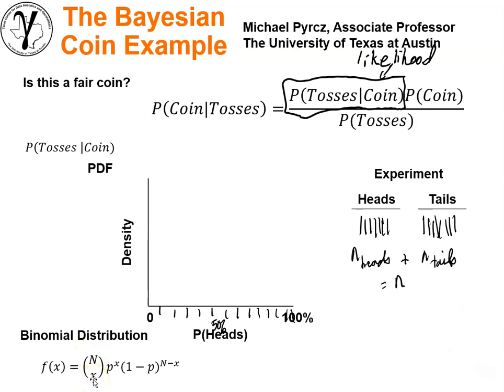So basically, what is this? It's assuming independent success-failure binary outcomes with a probability of success of P. You have this many successes, so independence: the probability of success times the probability of success times the probability of success gives you the probability of that combination. 1 minus P is the probability of failure, raised to the total number of failures.